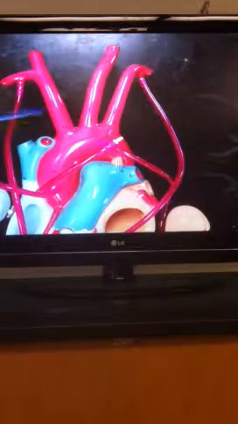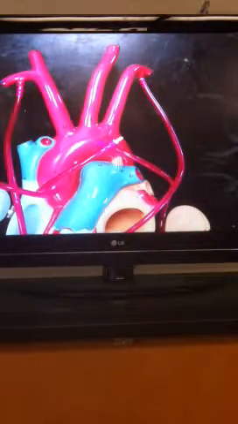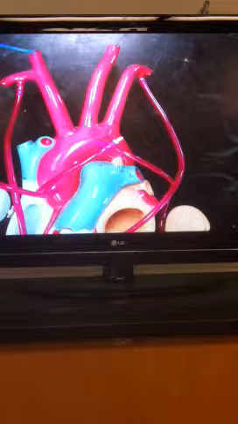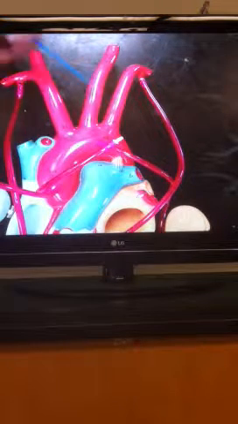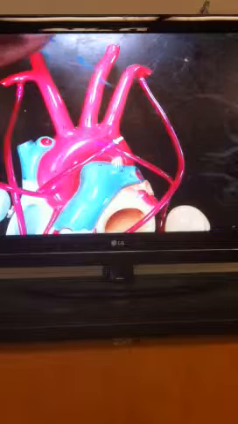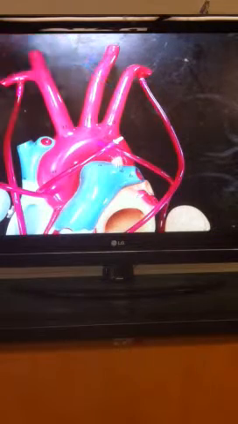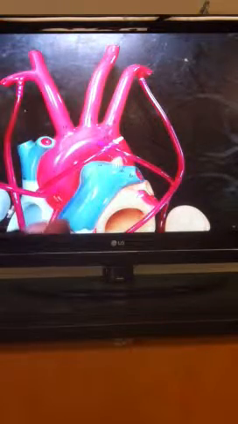It's going to split into the right subclavian artery and the right common carotid. That makes this the left common carotid, and that makes this the left subclavian. Oh, Mr. Gilman, what is this junction point between the aorta and the pulmonary trunk? That's what we call the ligamentum arteriosum. But Mr. Gilman, I kind of understand it now. We're going to get there.